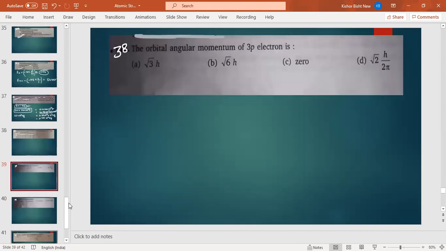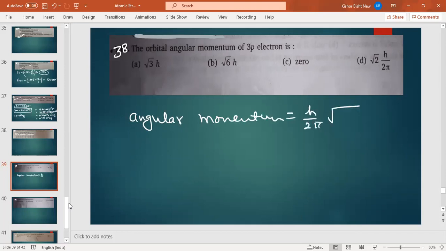Come to next question. The orbital angular momentum of a 3p orbital. So angular momentum is equal to h upon 2 pi and root l into l plus 1. And now here it is a 3p orbital.